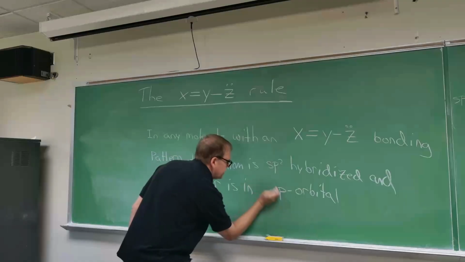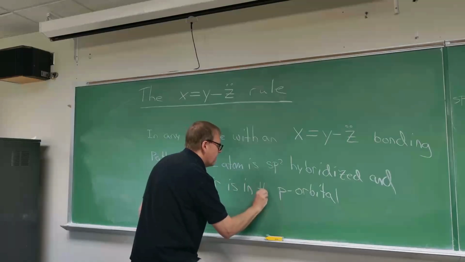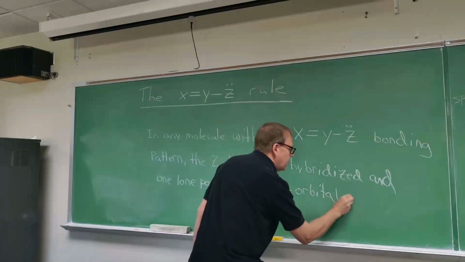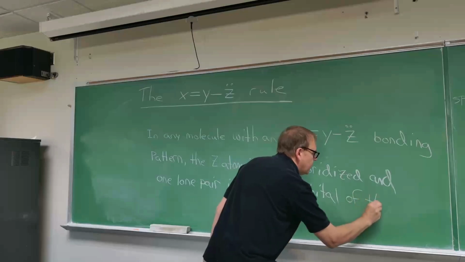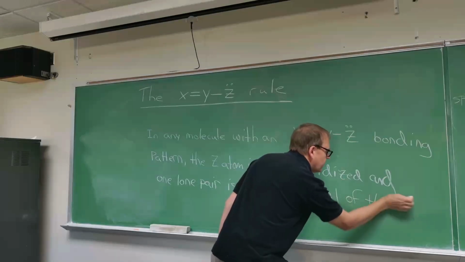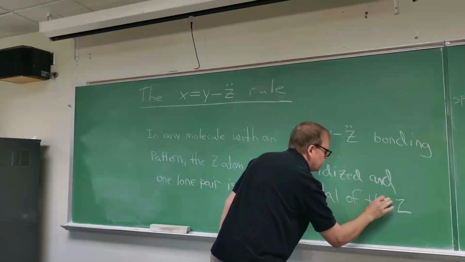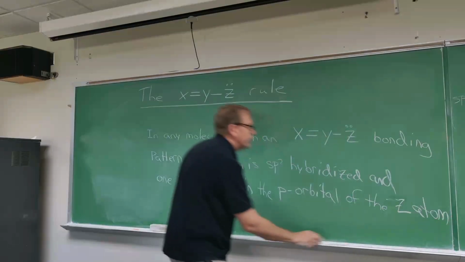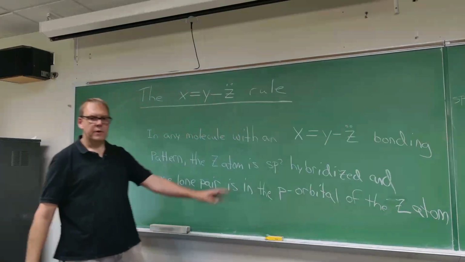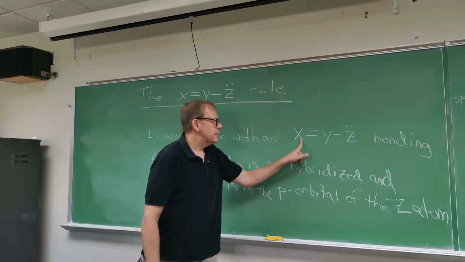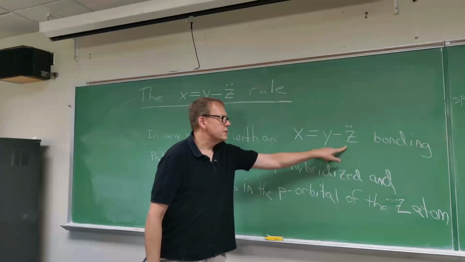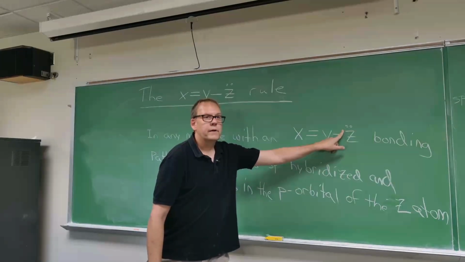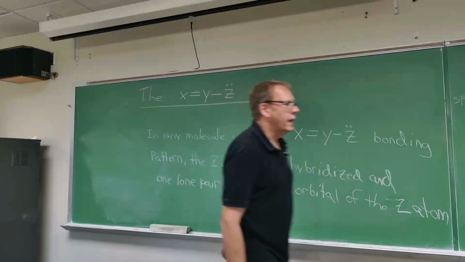Maybe what I should say instead is the p orbital of the Z atom. So anytime you encounter this XYZ, X double bond Y, single bond Z, with the lone pair on the Z, that Z is sp2 and that lone pair is in a p orbital.